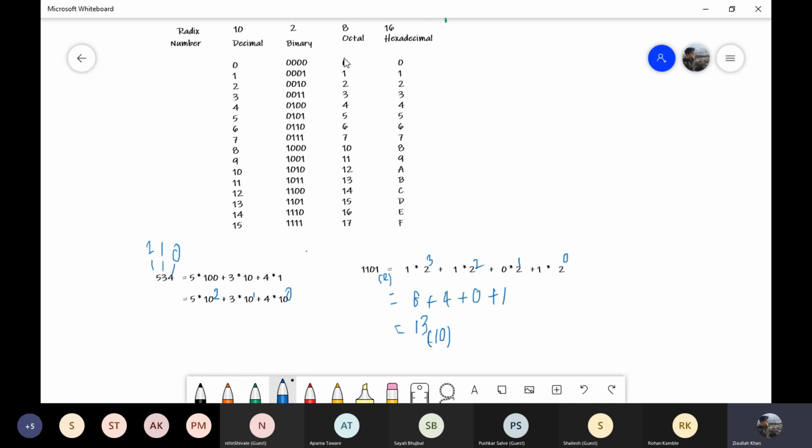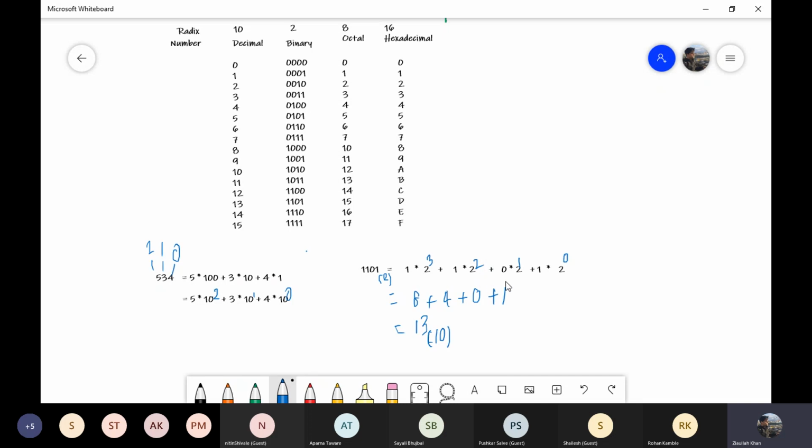The reason we have the octal number system and the hexadecimal number system is because these number systems have one-to-one mapping with their binary equivalent, right? So what I mean by that is, if I want to convert 13 to, say, binary, I cannot directly do it.